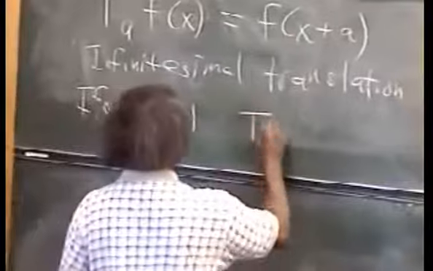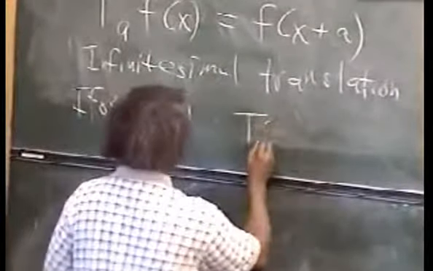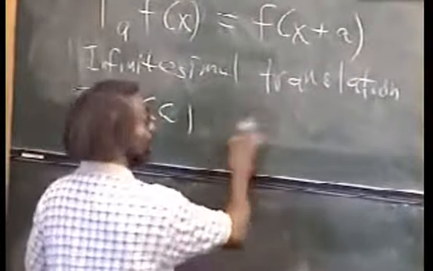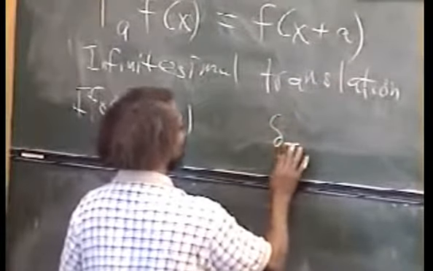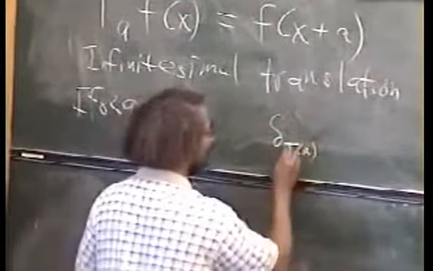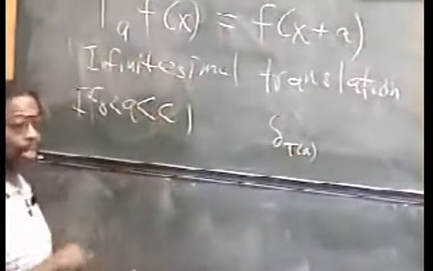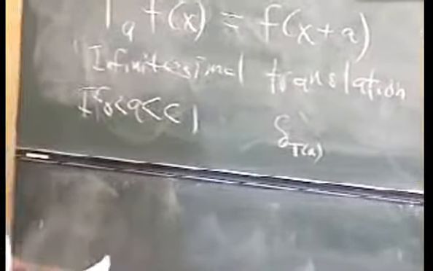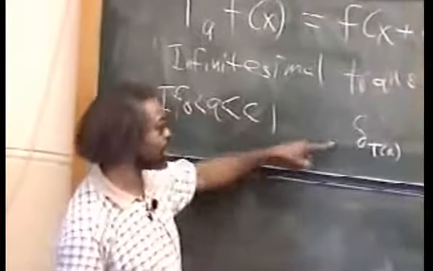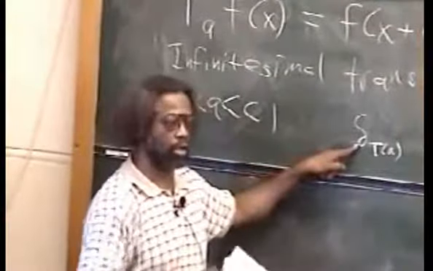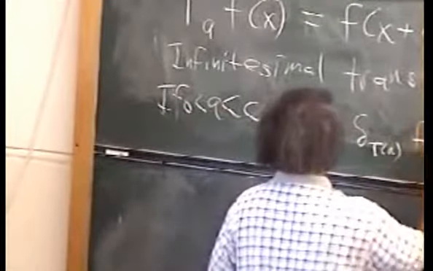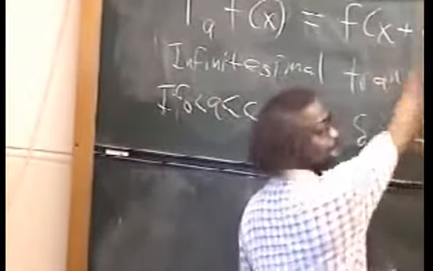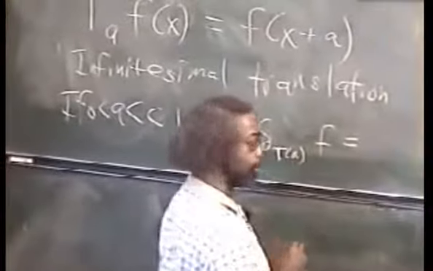So under a translation, under an infinitesimal translation, and now I'm going to change notation on you, I'm going to write this as delta t of a. And the t means it started out as a translation, but now because I'm making it an infinitesimal translation, it makes a change occur. And so delta t of a of f means take this thing and use Taylor's theorem.